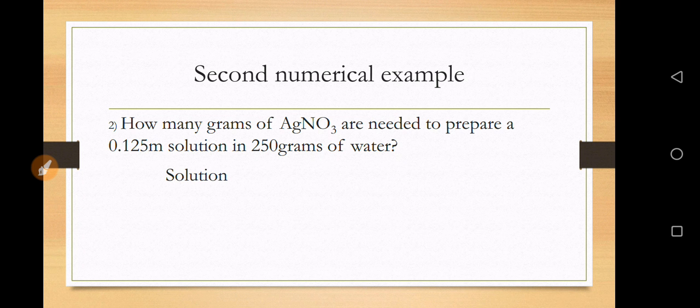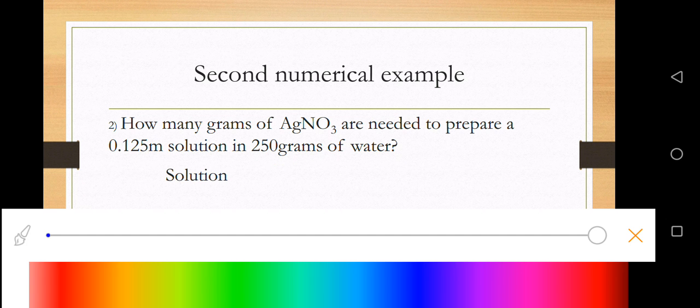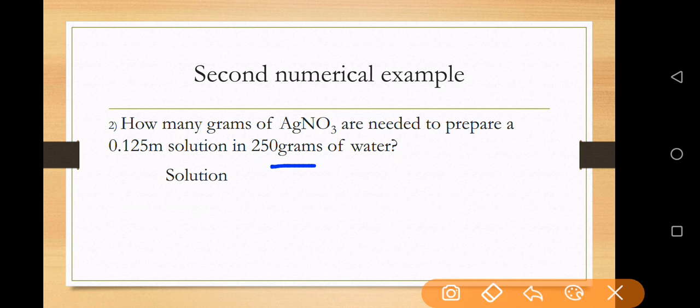As I've already said, any gram of water will be converted into kg of water, or kg of solvent. If we divide this by 1000, we get 0.25 kg of solvent.